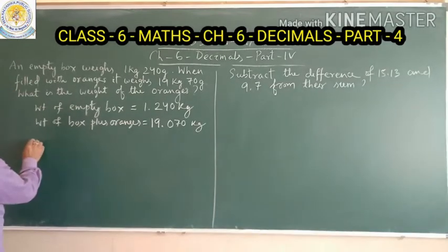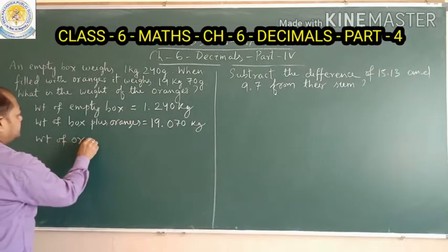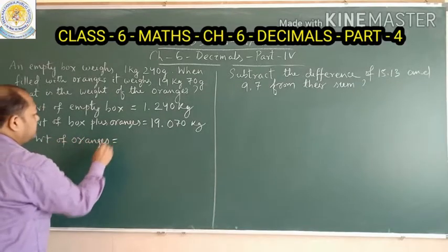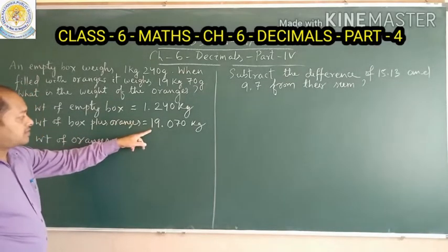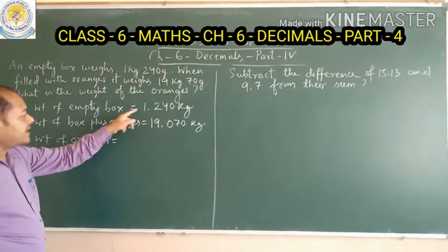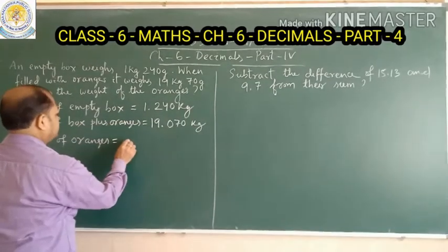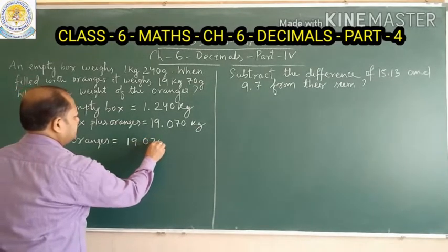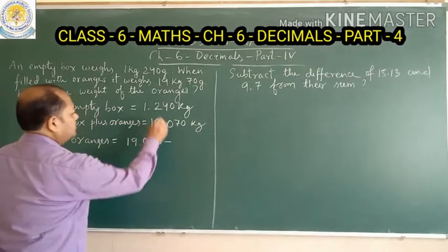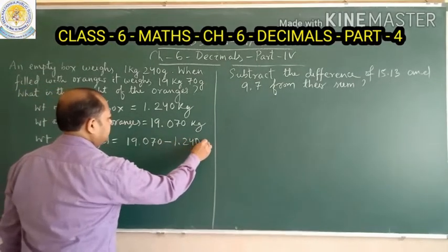So the question is asking the weight of oranges. Weight of oranges equals the total, that is the weight of box plus weight of oranges, minus the weight of the box. So weight of oranges equals 19.070 minus 1.240 kg.